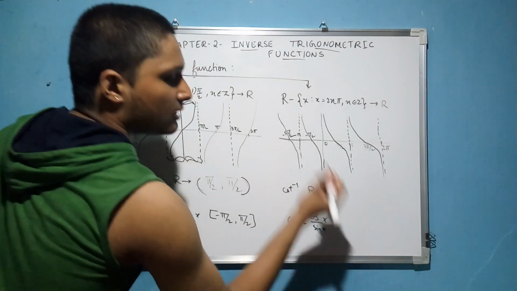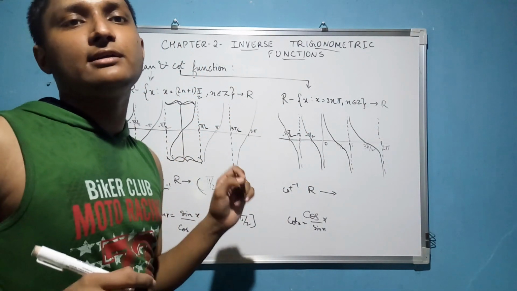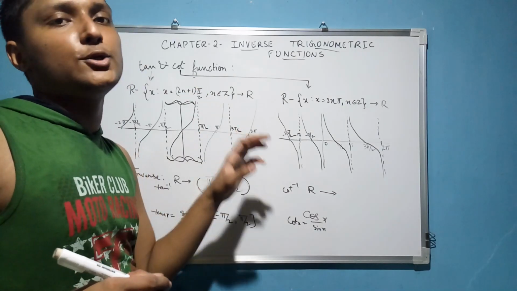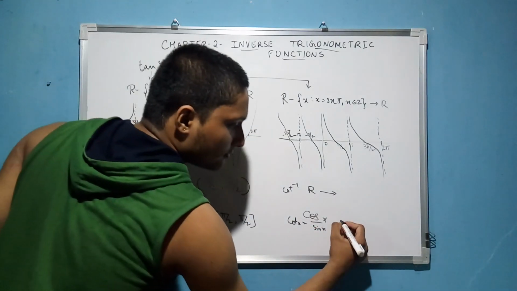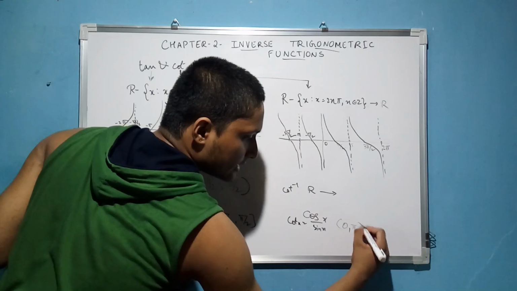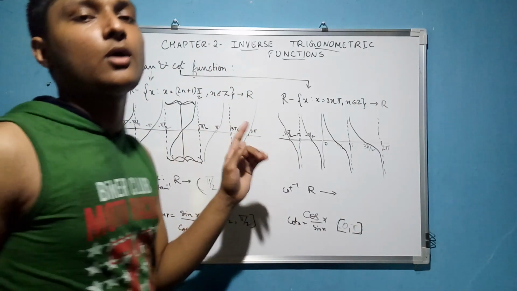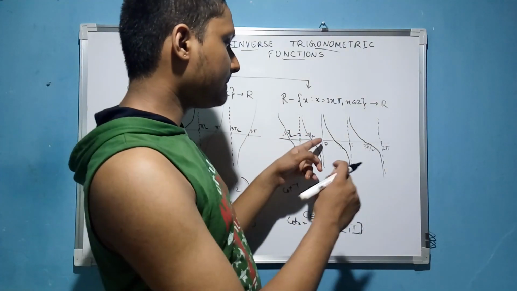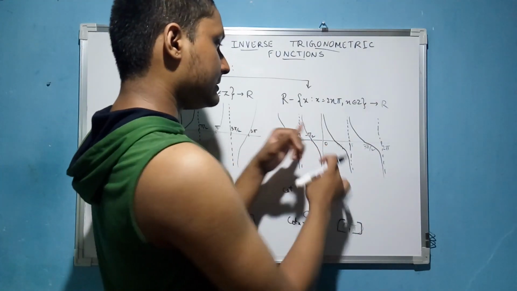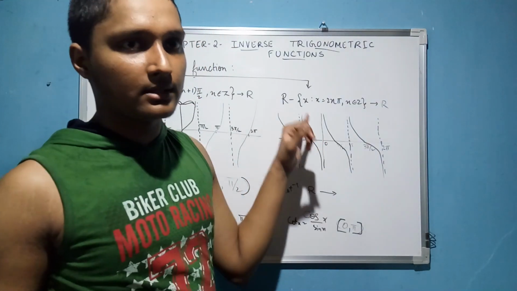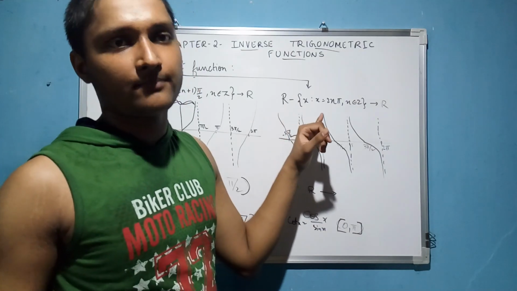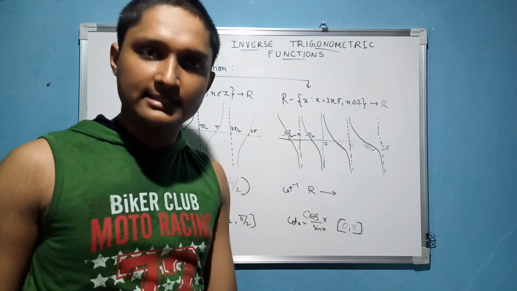Since cos x is in the numerator, it is going to work better with the principal value branch of cos. The principal value branch of cos was 0 to pi with the closed interval, that means 0 and pi were included. So here we have 0. At 0, this cot becomes infinity. Therefore, cot inverse cannot be defined in such a case.